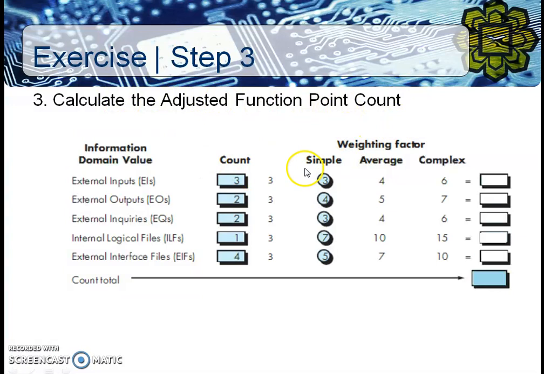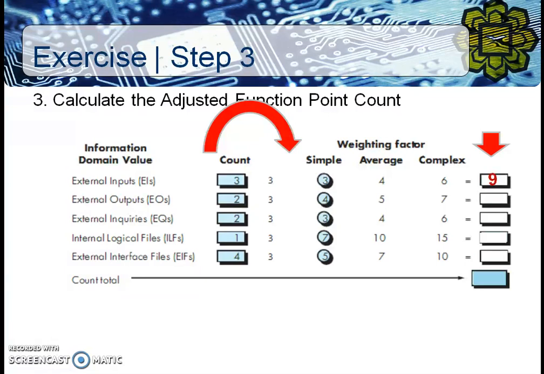Let's assume that the weighting factor is simple for all these 5 information domain values. For each of these, we multiply the count with the weighting factor. In this case, we just assume that all of them are simple.